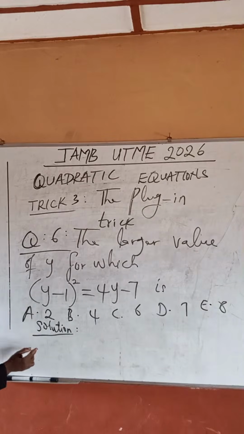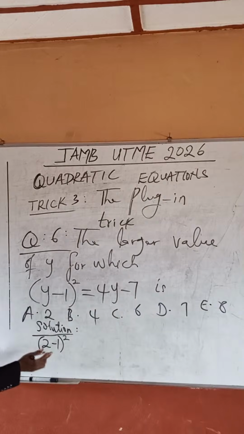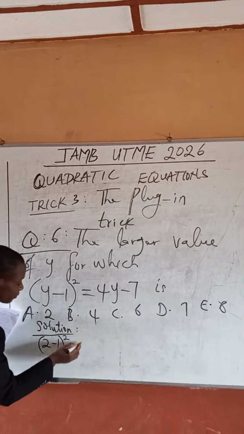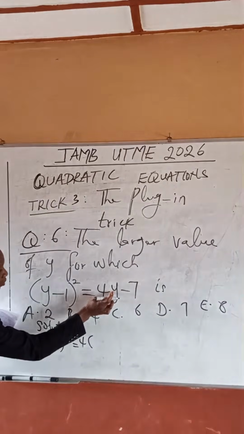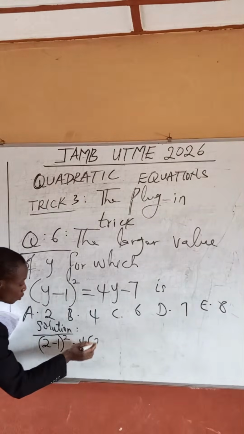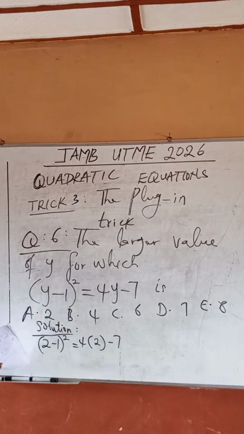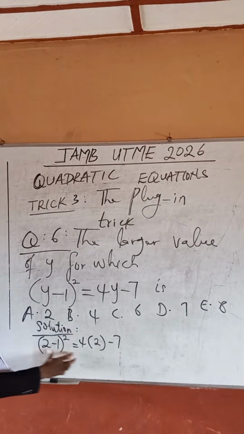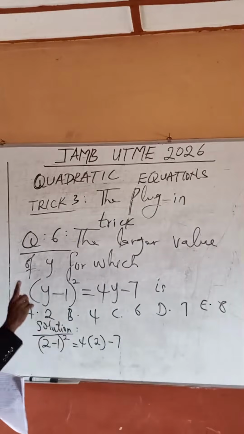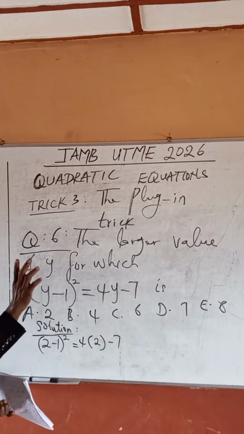Put 2 here: we have (2 minus 1) squared equals 4 bracket y. Our y is 2, so we bring in 2 here, minus 7. Let's check if both sides will be equal. If both sides are equal, it means that the answer is A. Then that is the end.